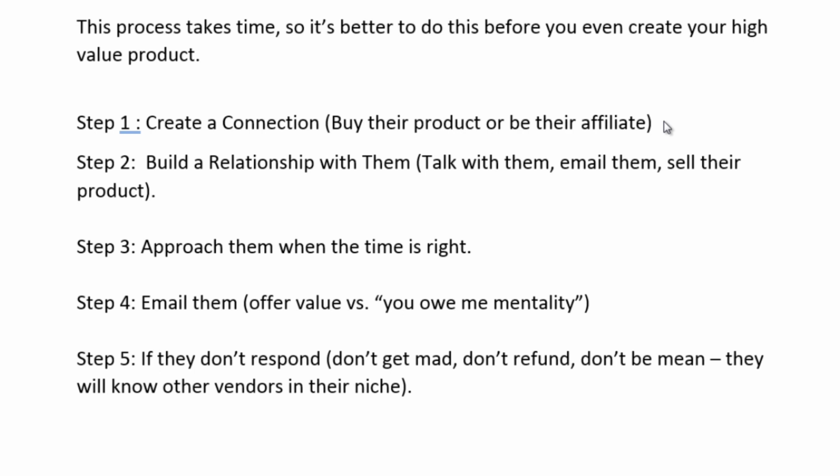Step 1 is to create a connection. Now, how do you do that? Well, there are several different ways to do that. The first way is, of course, to buy their product.